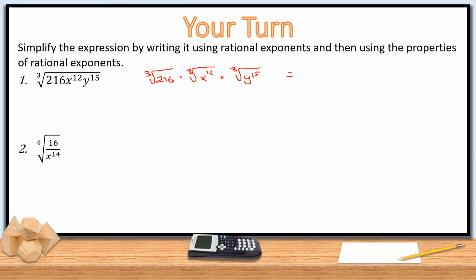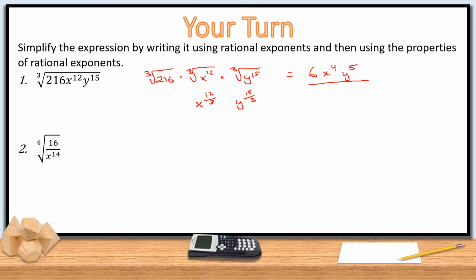Does it have one? That's 6. Okay, so we got something this time. 6. And then this would be x to the power of 12 over 3, which is x to the power of 4. And then we got y to the power of 15 over 3, which would be y to the power of 5. So 6, x to the power of 4, y to the power of 5 is your final answer.